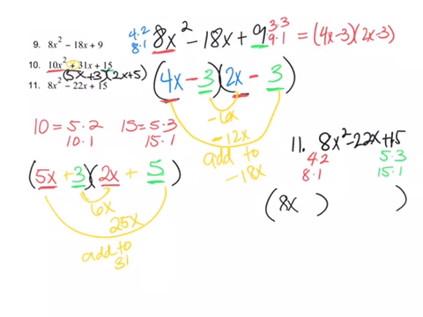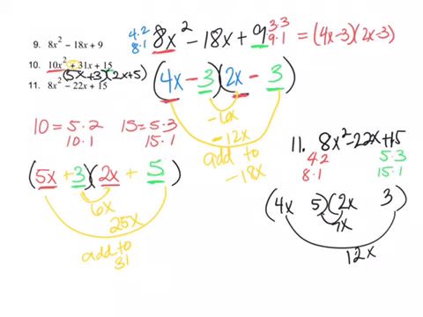The 8x didn't work. So how about 4x and 2x? Now let's try 3 and 5. If I do it this way, my outside is 12x. My inside is 10x, sorry. Well, there we go. 10 plus 12.